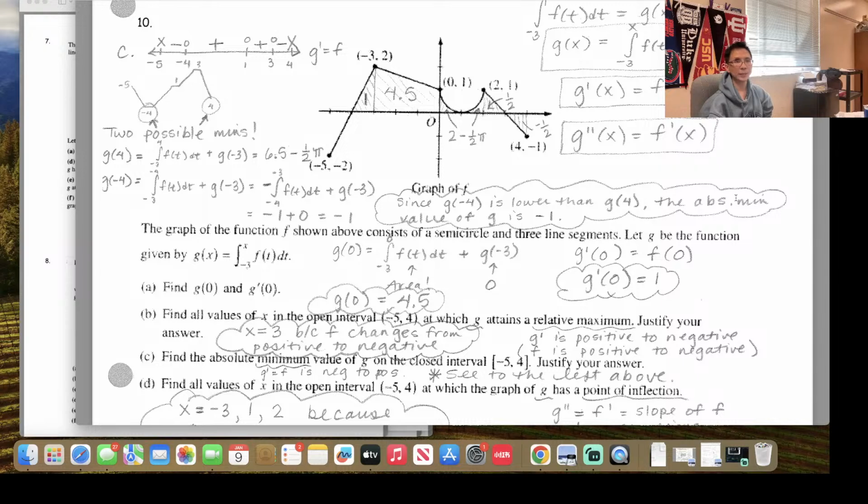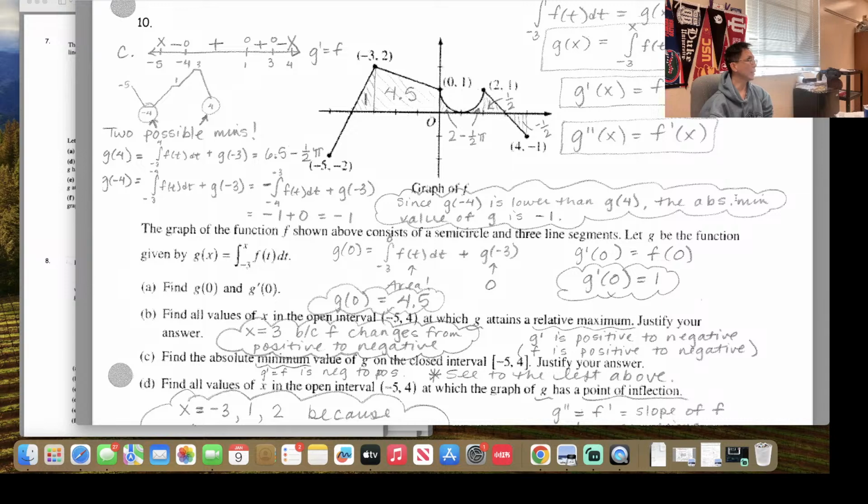I don't do what they do, but I do it with a table. They actually did a table too. But with a table, you have to check the endpoints. C is -1.